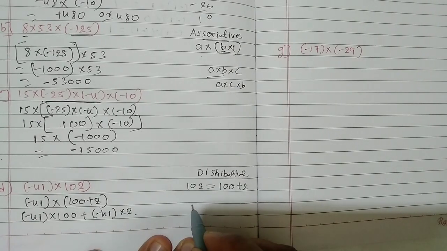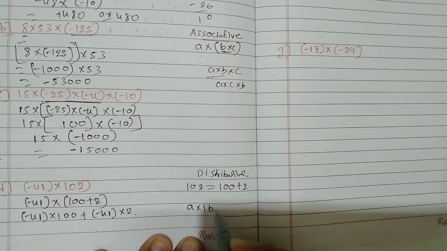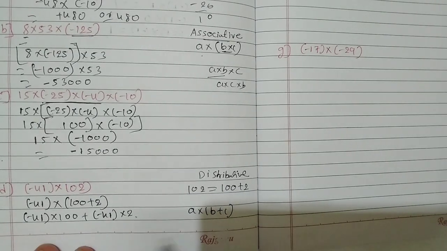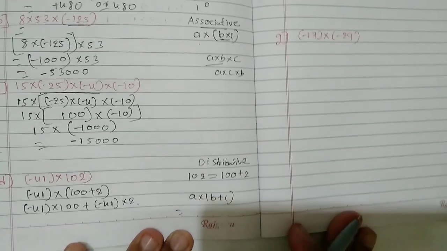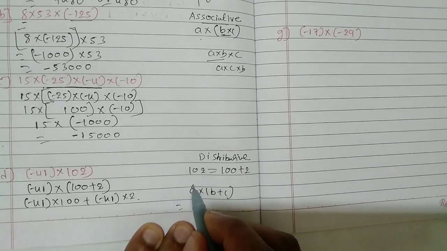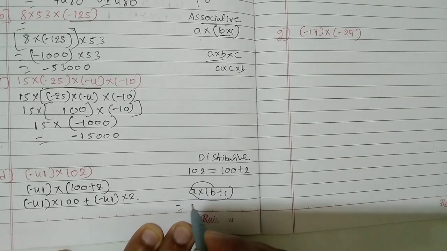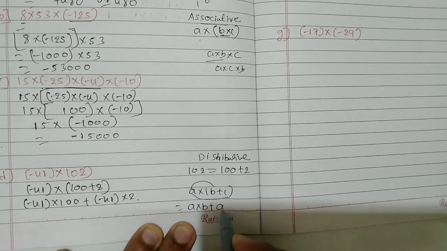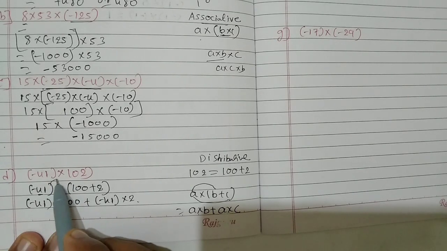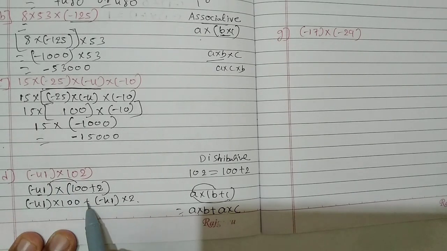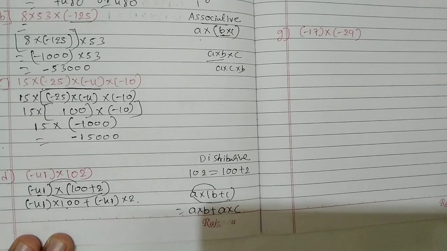It is the distributive property, meaning A into B plus C, how can we write this generally? It is nothing but A into B plus A into C, right? In the position of A is minus 41, right? So we multiply minus 41 into 100 plus minus 41 into 2, in the distributive property way.